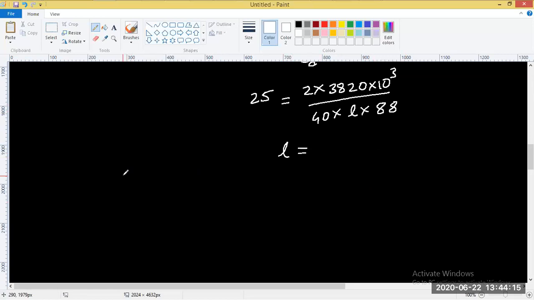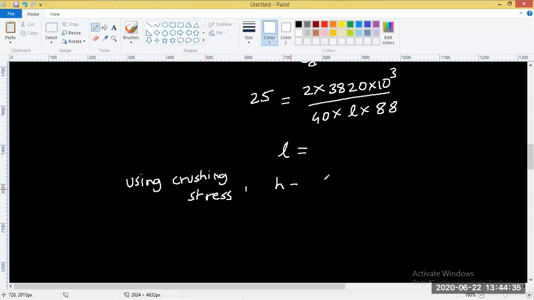And one more time to find length, whichever is a maximum, using the crushing stress. Using crushing stress, let's find out.